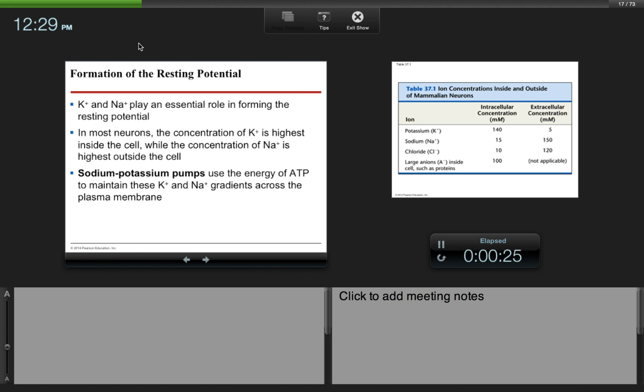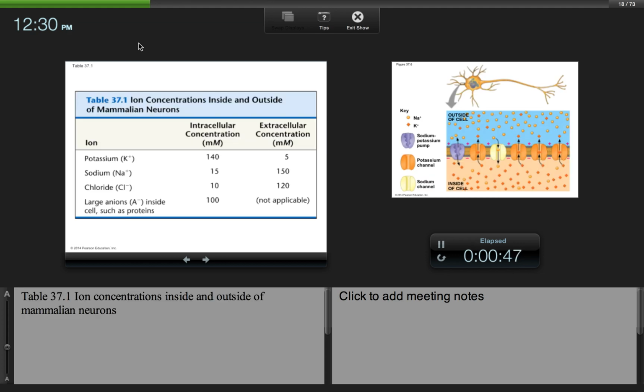So as you recall, 3 sodiums get pumped outside the cell, and 2 potassiums get pumped inside the cell. So your neuron cells, your nerve cells, are pumping 3 positive charges out and 2 positive charges in. Part of the reason why the inside of the cell is more negative than the outside of the cell.